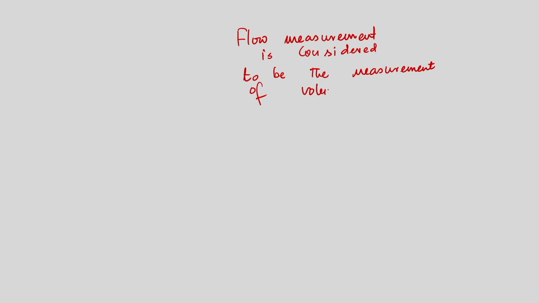On the other hand, as I said, flow measurement is considered to have three different aspects. So, flow measurement is considered to be, number 1, the measurement of volumetric or mass flow rate.